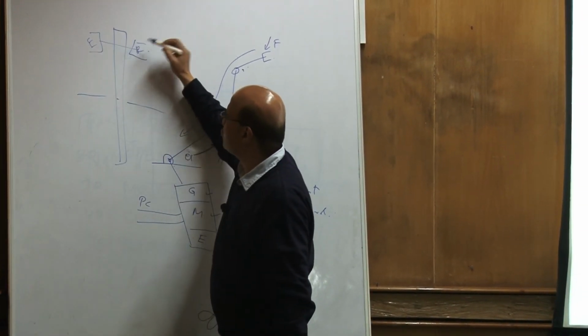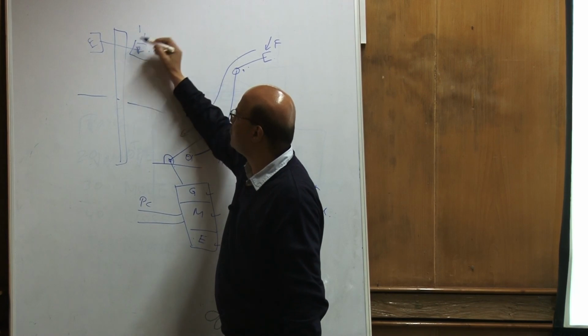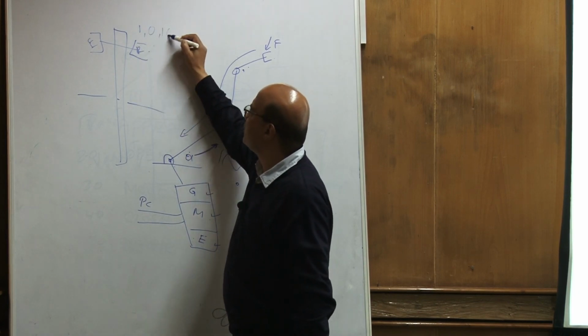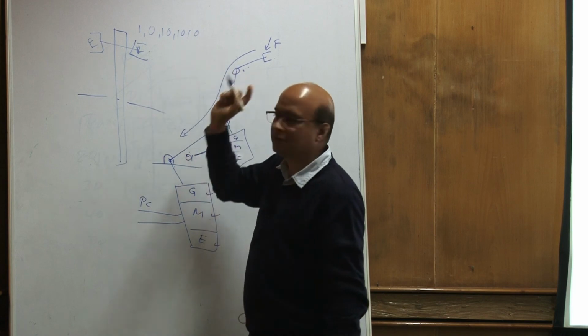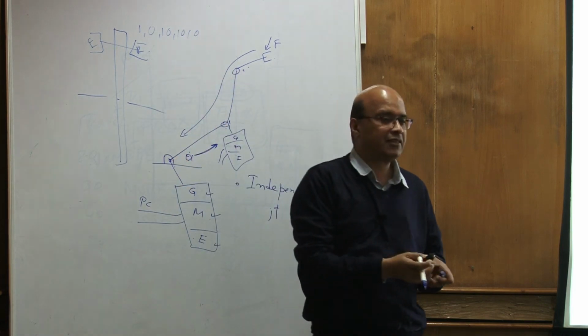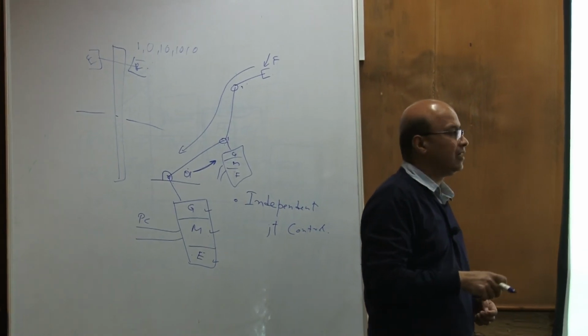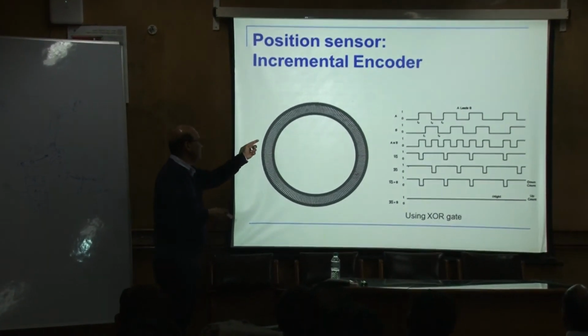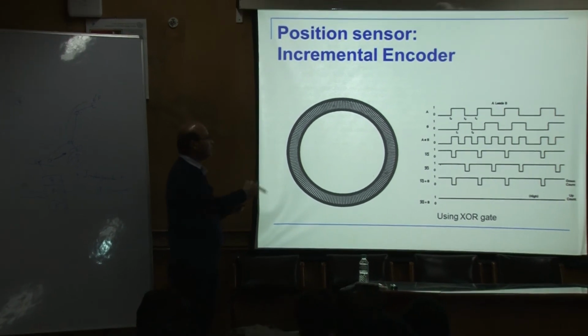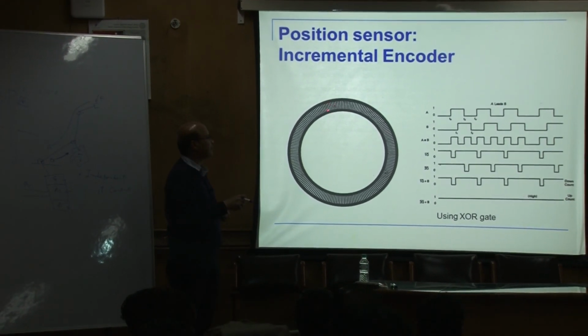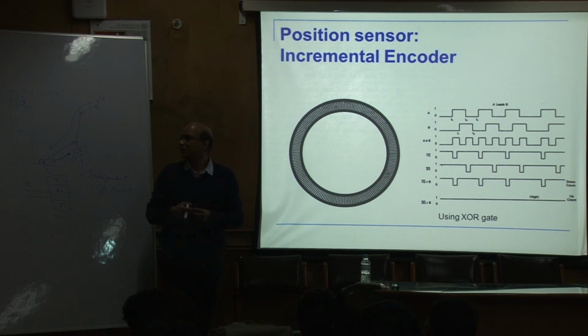So whenever light goes through, it gives a reading of 1, and whenever there is no light, it gives a reading of 0. So what we get is 1, 0, 1, 0, 1, 0, 1, 0 like that. Okay, so the working principle is very, very simple. This is a plastic ring in which there are slots which are cut. There is one emitter on that side, and a receiver, which is a photocell, on this side. Whenever it is transparent, light will go through, so it gives a reading of 1. 1 means we get some voltage, 2 volts.